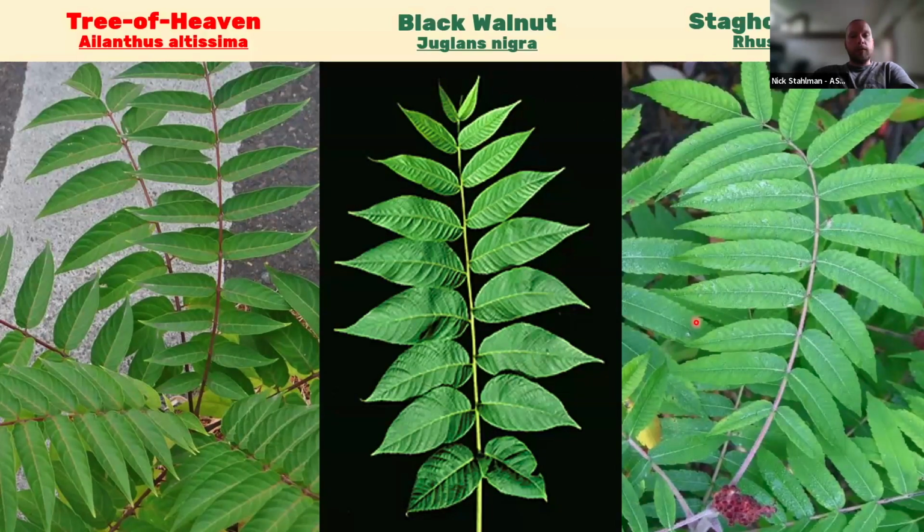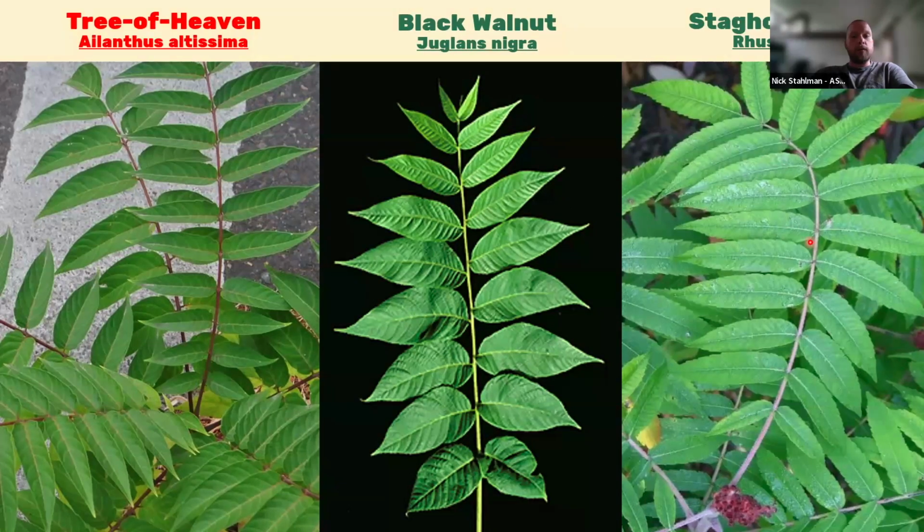Black walnut and staghorn sumac, and all the sumacs, are going to have toothed margins, so they're serrated. Also, black walnut, if you crush the leaf, has a really pleasant, or at least I think it's pleasant, kind of citrusy smell. And staghorn sumac won't have any smell.